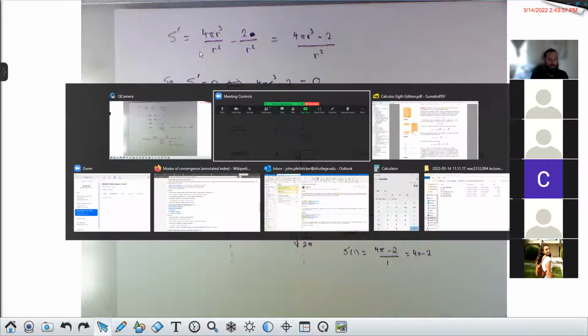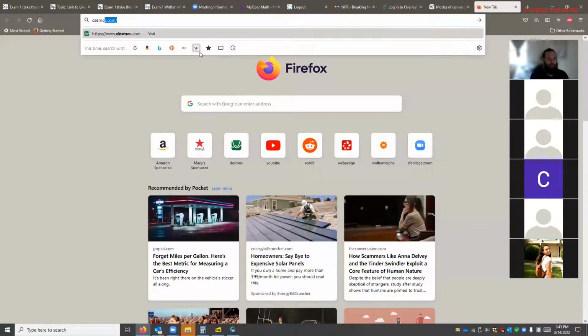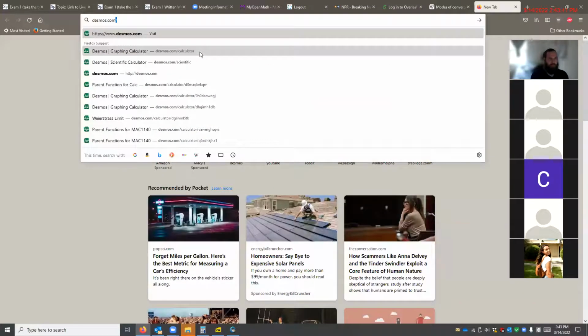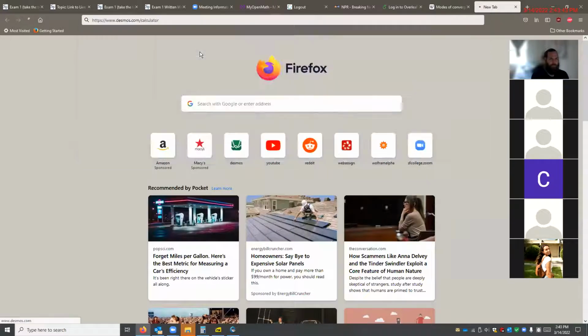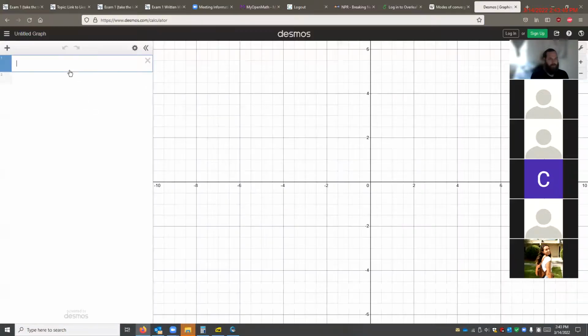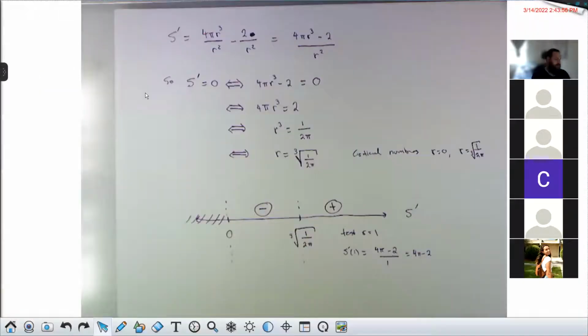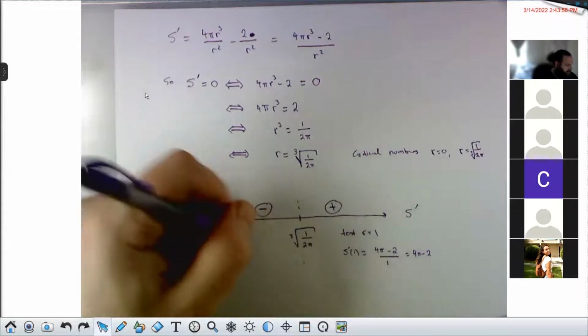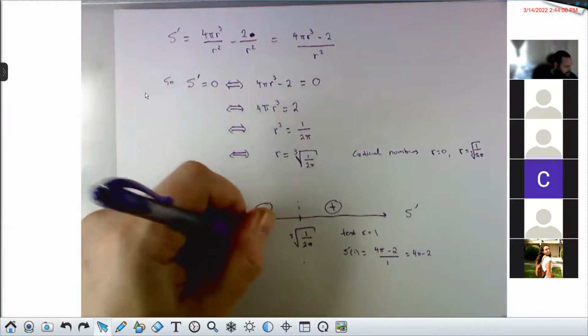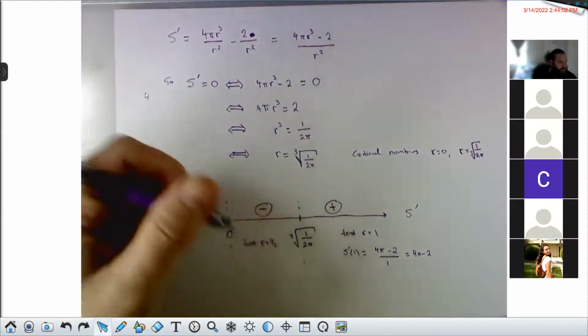I hate this thing. So my cube root of 1 over 2 pi is that raised to the 1/3 power. It's like 0.54. So I could use 1/2. I could test r equals 1/2.